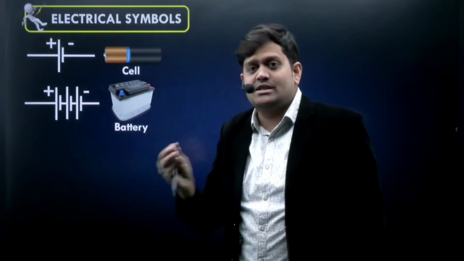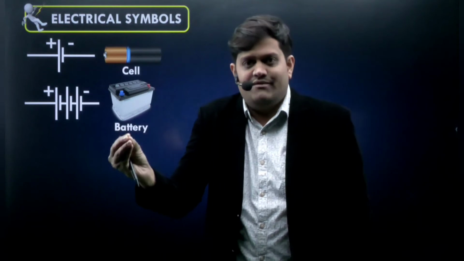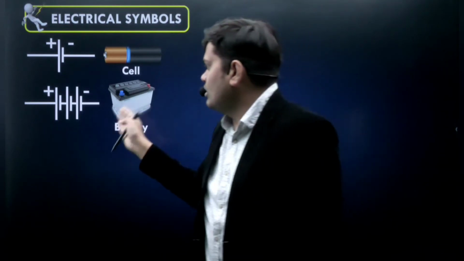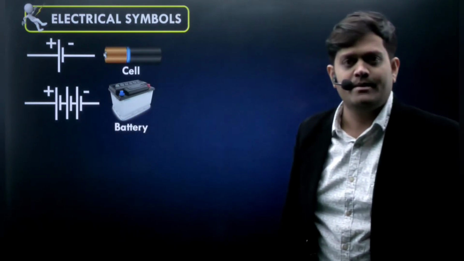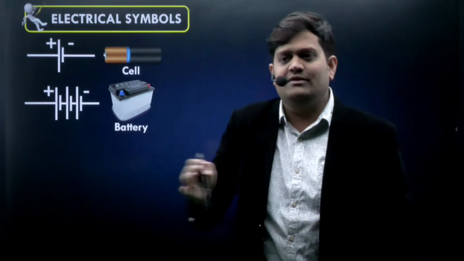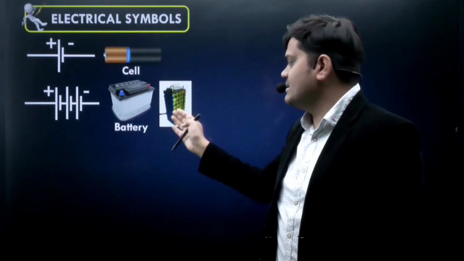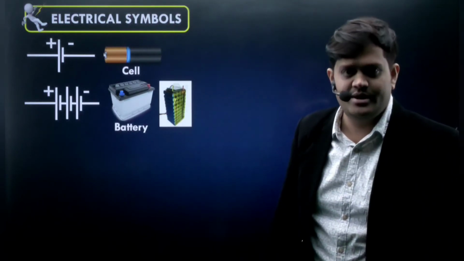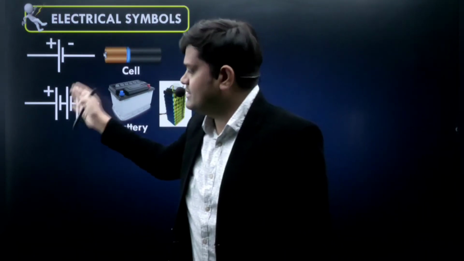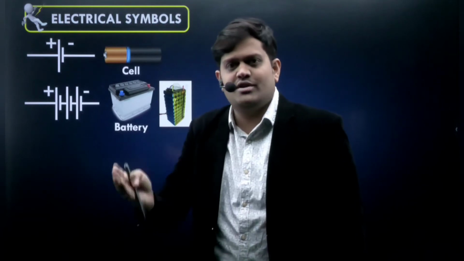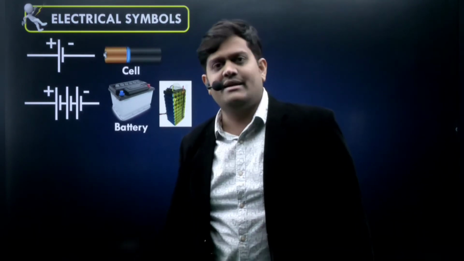Two or more cells when joined together, then it is called the battery. So the combination of the cells is called the battery in the electrical circuit, and its symbol is this.